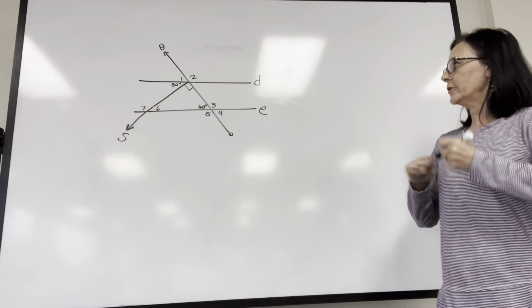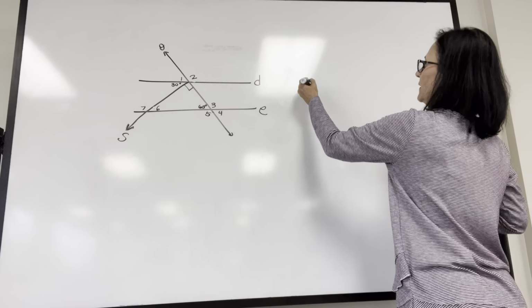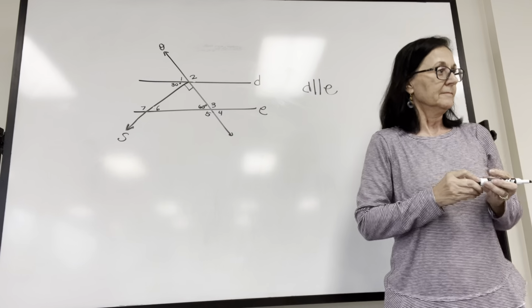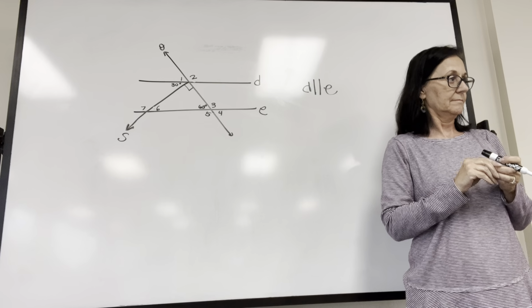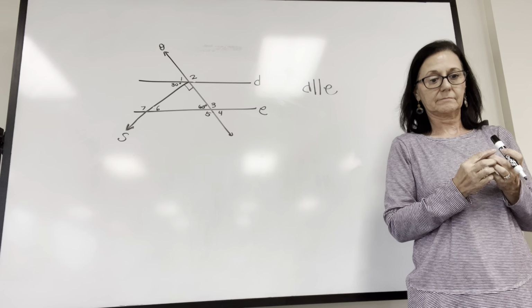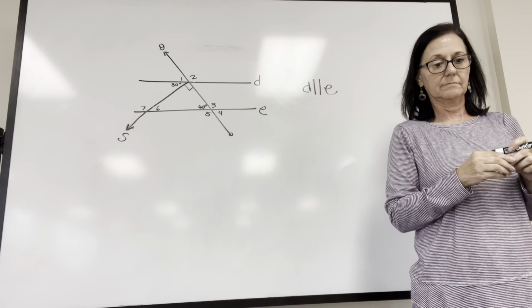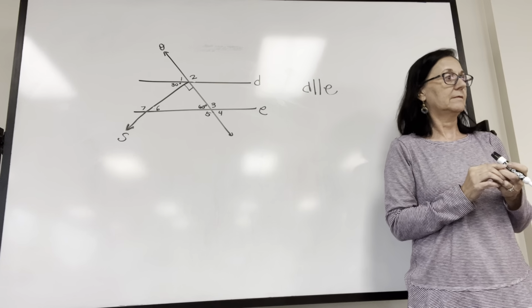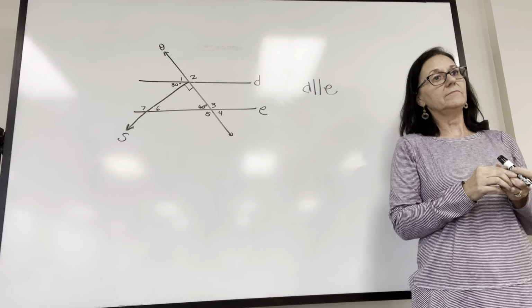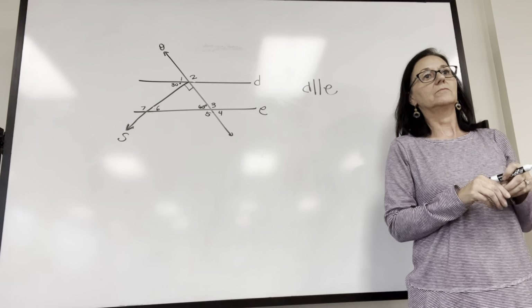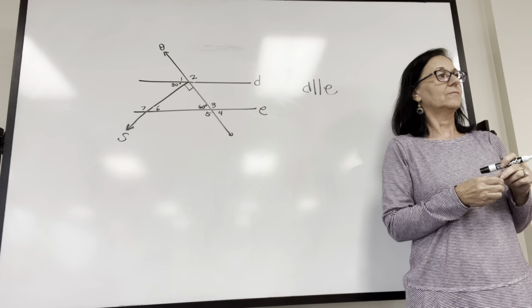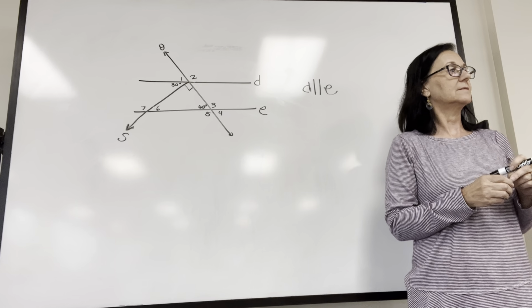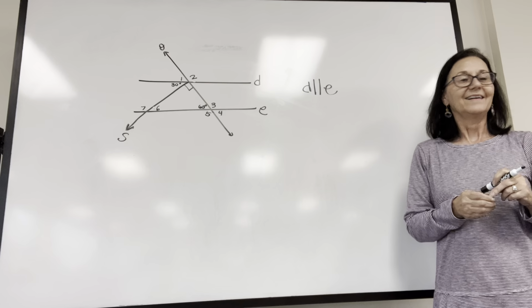Okay, can we prove that D is parallel to E? Can we prove that with what is given? How? I'm going to start naming the measures of angles.